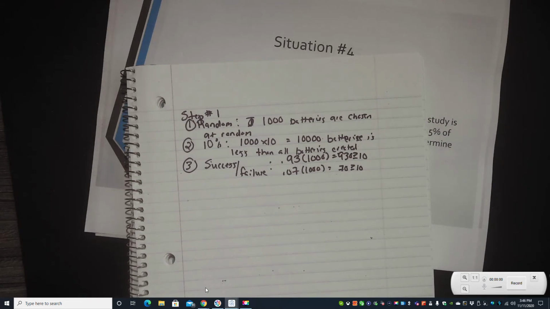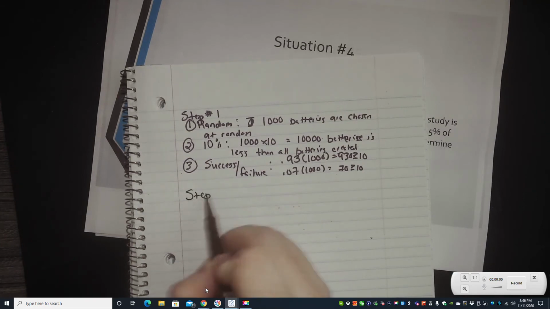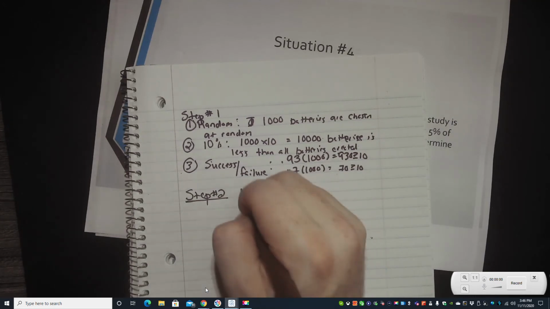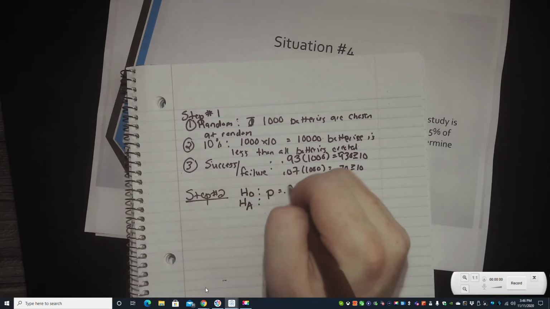Okay, step number 2. I get null and alternative. So we're going to say P equals 0.93.